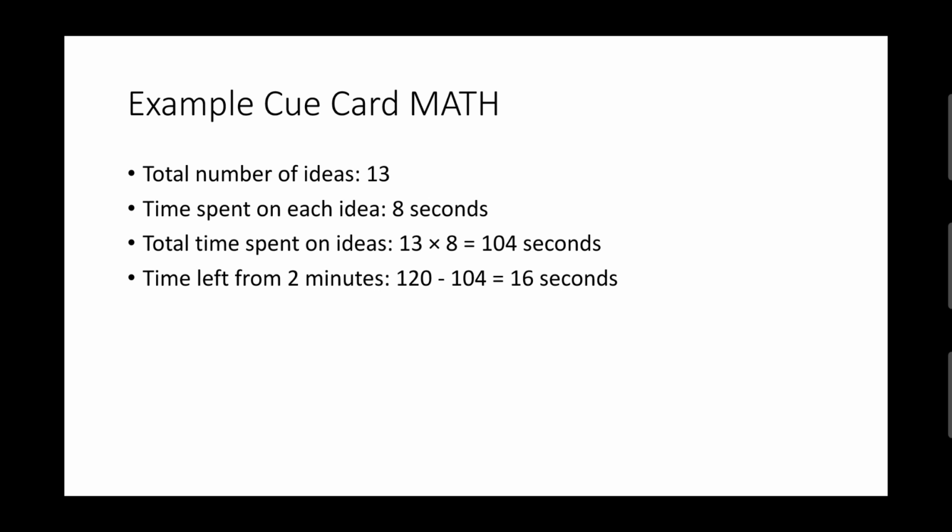In total you have to speak about 120 seconds, and you have already covered 104 seconds just for describing the ideas. Now you are left with just 16 seconds, and this is the time in which your introduction steps in. You should spend at least 16 seconds on the introduction and then start describing your ideas.